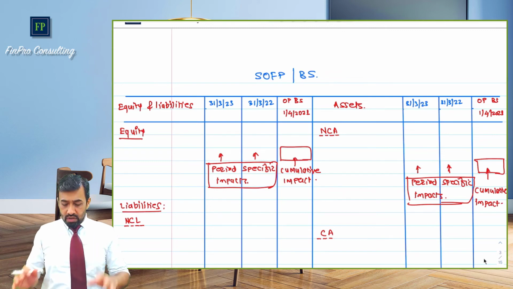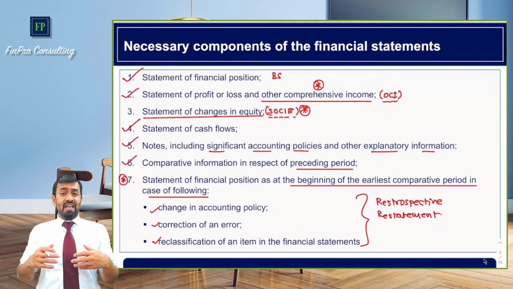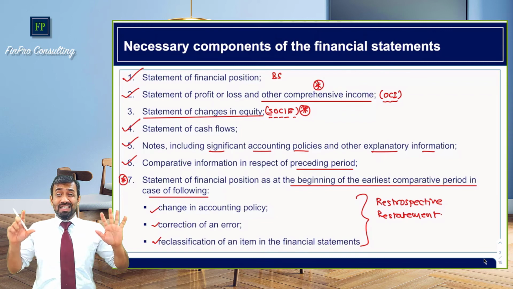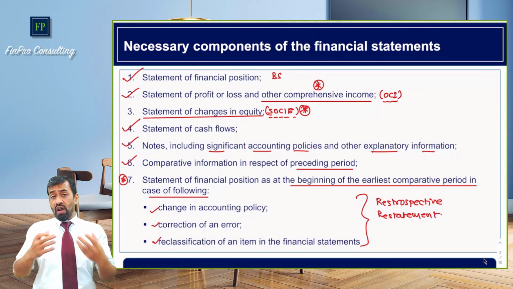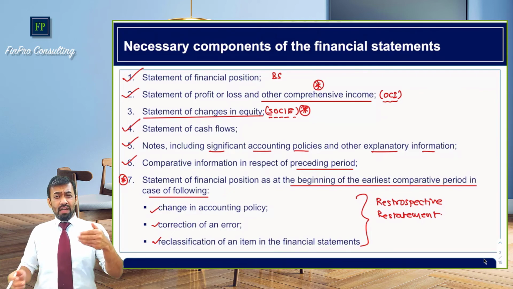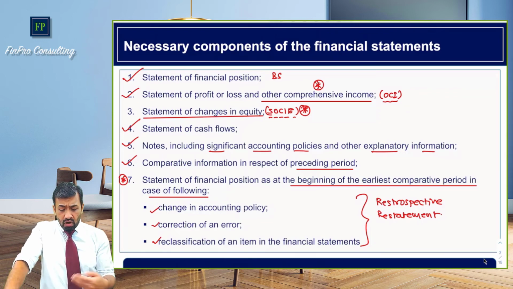So these are the components of financial statements. When we say financial statements, these are the 7 components which comprise the financial statements. For example, the board of directors' report is not part of the financial statements. Your MD&A report, that is management discussion and analysis report, is not part of this.